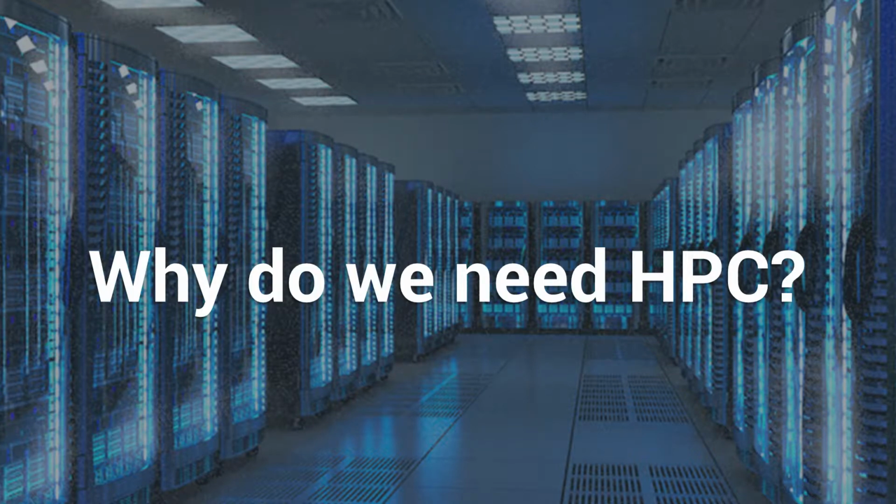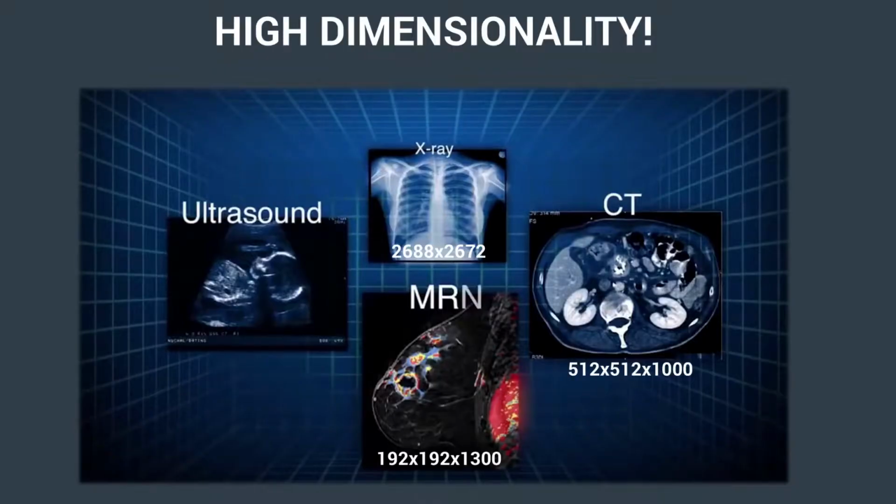But a question that all of you are wondering is, why do we need HPC? Well, this question is easily answered knowing the challenges that we have to face when we are dealing with medical images. The first challenge is that, due to the high spatial resolution that they have, we are dealing with images of high dimensionality.